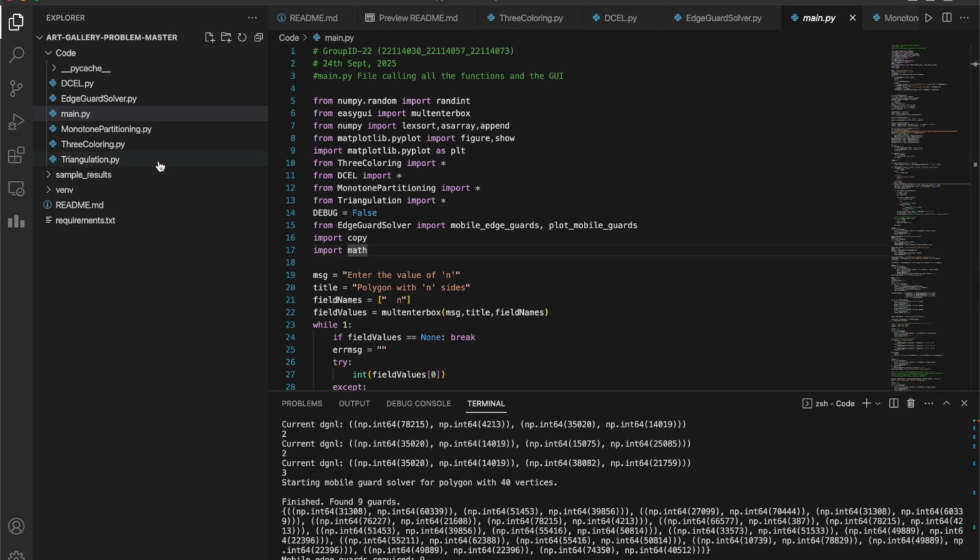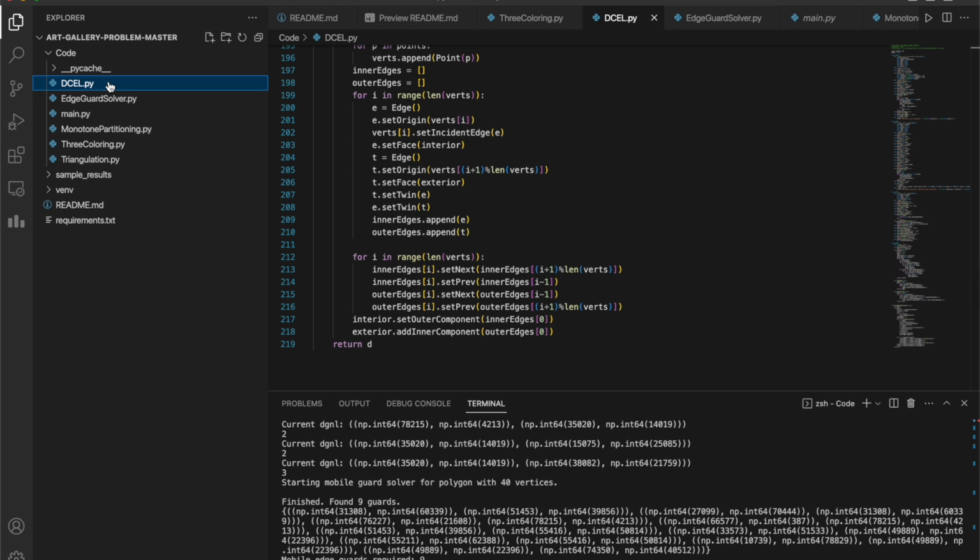Now let's have a brief look at our code structure as well. This is the main.py, the entry point, which handles the GUI, runs the algorithms, and generates visualizations. This is the dcel.py, which implements the doubly connected edge list, the backbone data structure to represent polygons.